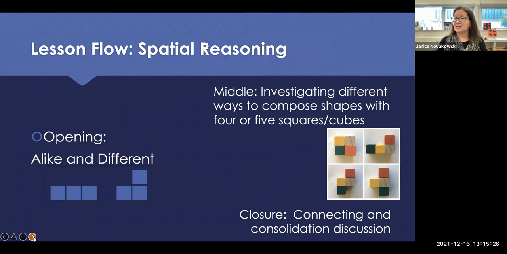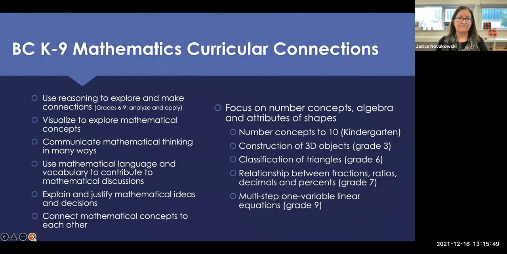They might start a T-chart, for those of you that teach grade 3, 4, 5 or above, and look for some algebraic connections there. And then the closing of that lesson, again, is bringing students back together to really connect their learning and consolidate their thinking about this particular area of mathematics. And that's really a key part of any lesson that we do in mathematics.